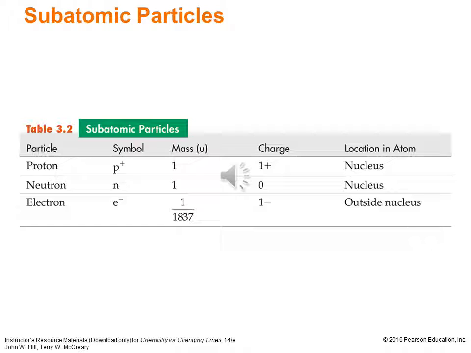And the charge of the electron is a -1, so it's equal in magnitude but opposite in charge to the proton. Protons are +1, electrons are -1, and it resides outside the nucleus and gives the atom its volume, although most of it is empty space. The electrons define the volume of the atom.